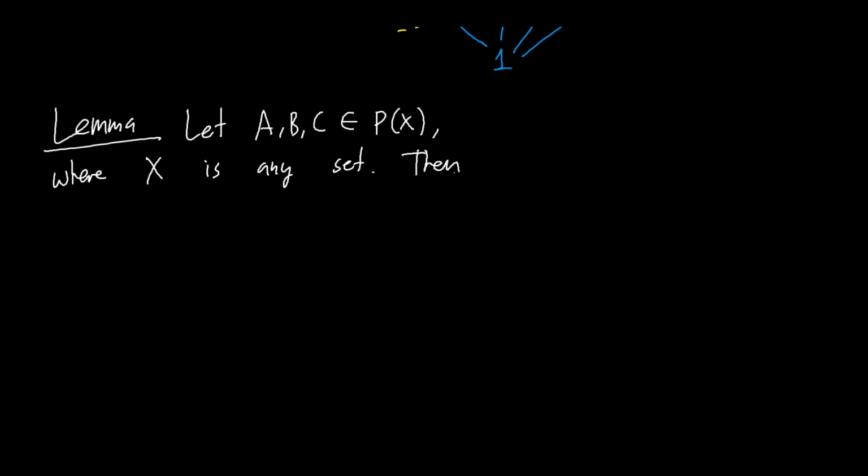Then it turns out that A union B will be a subset of C if and only if A is a subset of C and B is a subset of C.